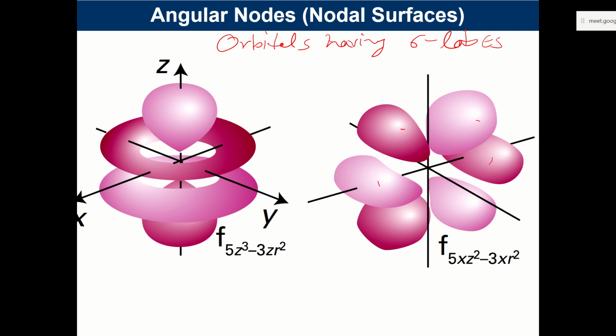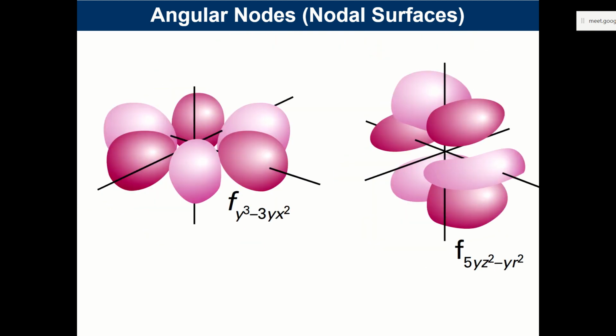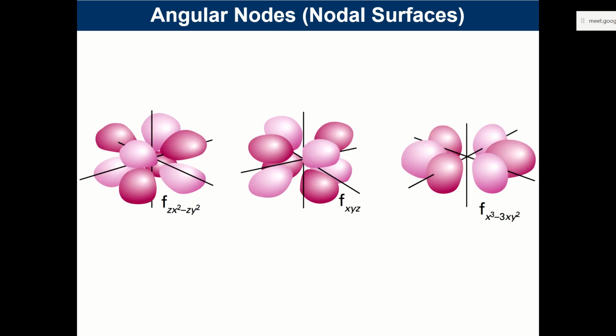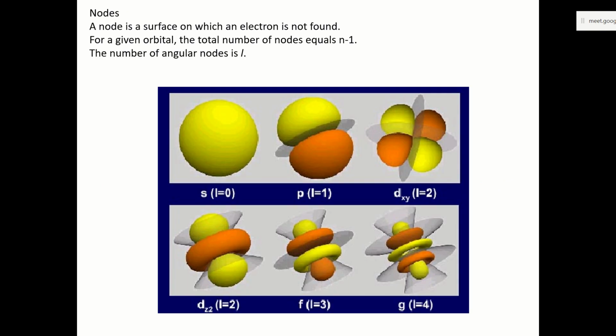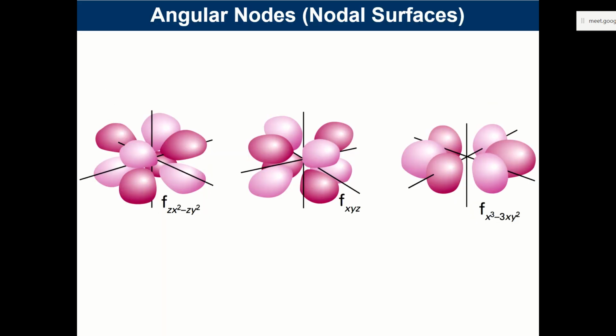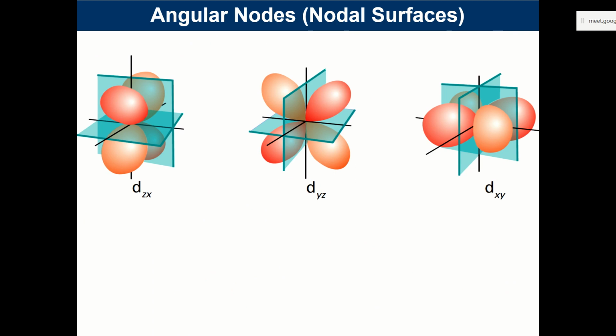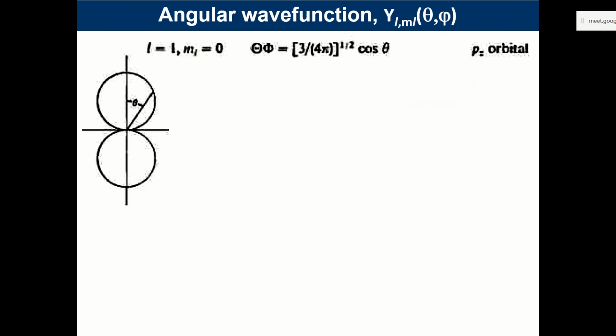So this is a six lobed orbital that we can think of. Seven such orbitals are there in f, and that's what we have here. So this completes our discussion on the angular wave function and radial wave function.